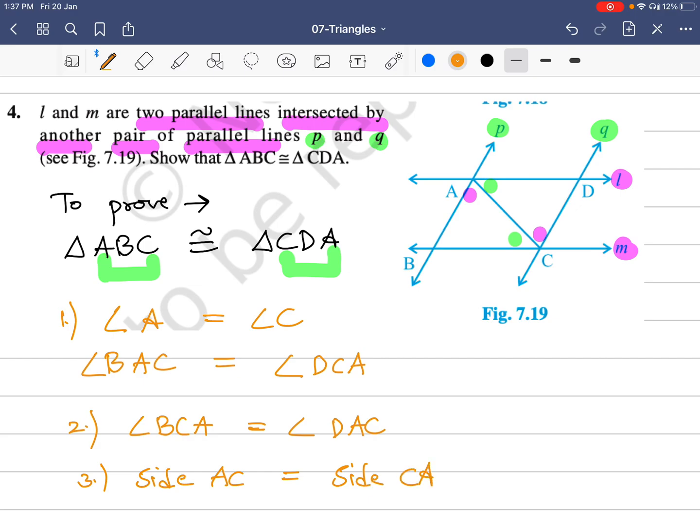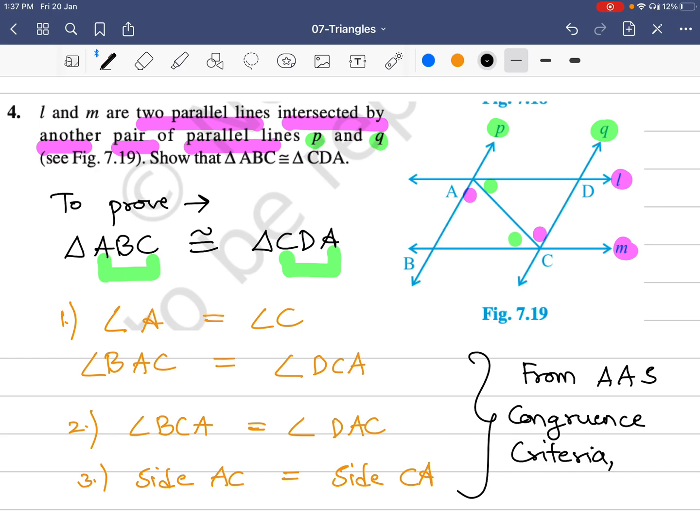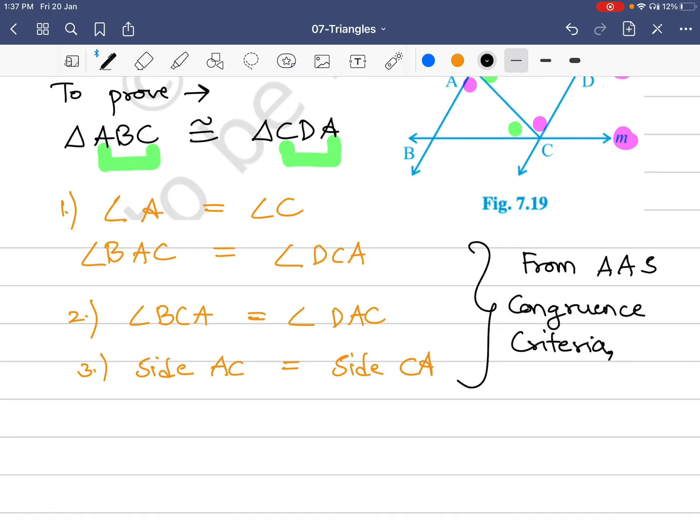And thus we can say, from which congruence criteria are we going to use? From AAS congruence criteria, we can say that triangle ABC is congruent to triangle CDA.